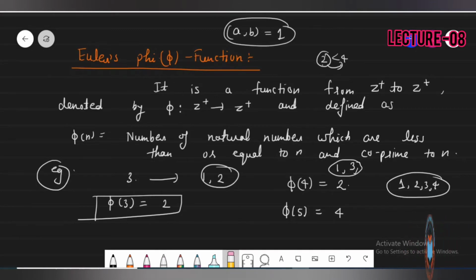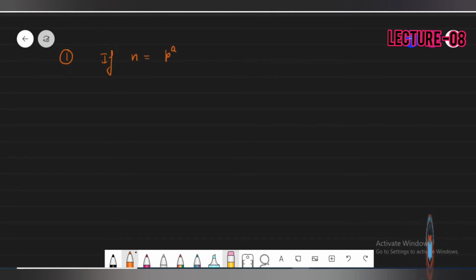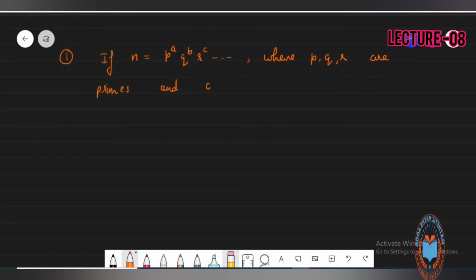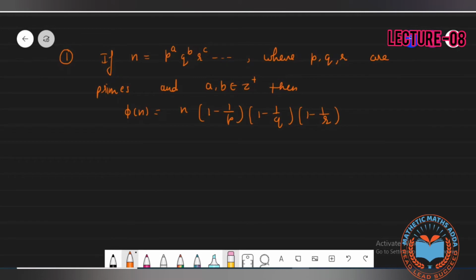Now I have some important rules related to Euler's phi function. The first rule is, if I have a number n equal to p raised to the power a, q raised to the power b, r raised to the power c and so on, where p, q, r are primes and a, b, c belong to positive integers, then the value of phi n will be n into 1 minus 1 upon p, 1 minus 1 upon q, 1 minus 1 upon r, and so on.